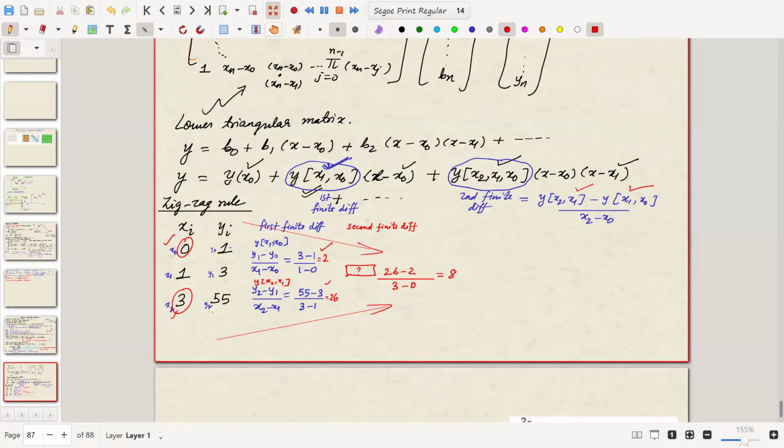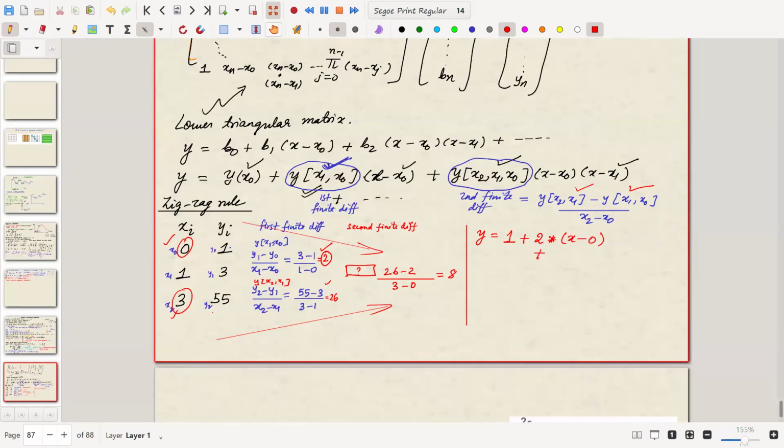Now can you tell me what should be the polynomial then? So you found the finite differences, right? You found the first order finite difference. Can you tell me what is y? What is y at x0? 1 plus y of x1 x0, that is 2, right? 2 multiplied by what is x0? 0.